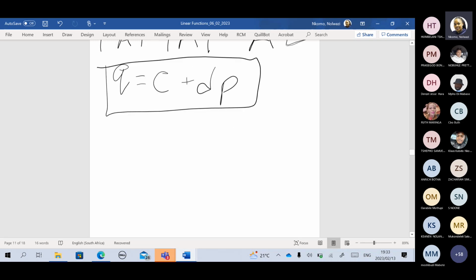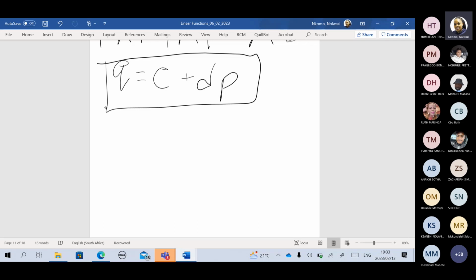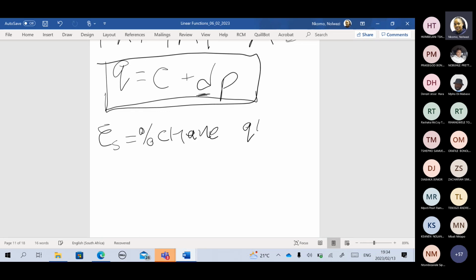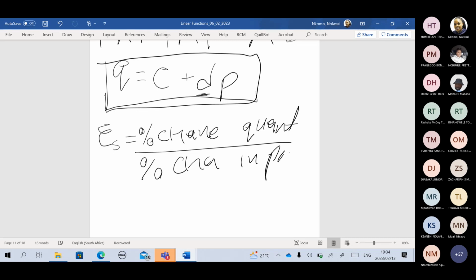If we are given a supply function like this, here our slope is positive D. Then the point elasticity of supply will equal the percentage change in quantity supplied over the percentage change in the price of any goods or service.